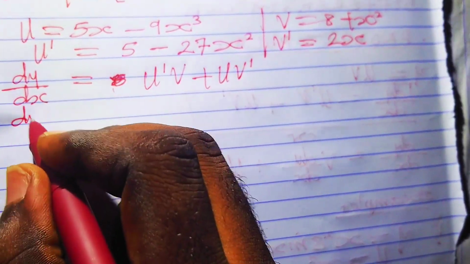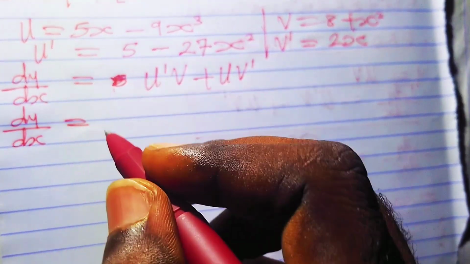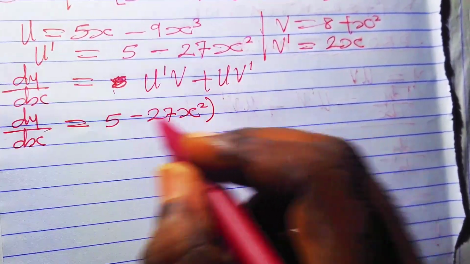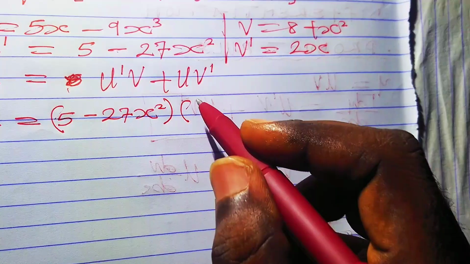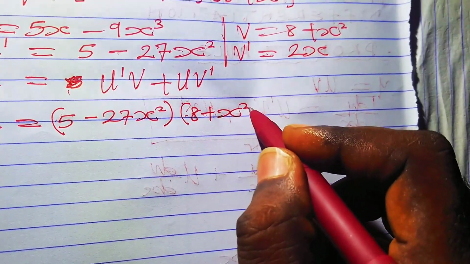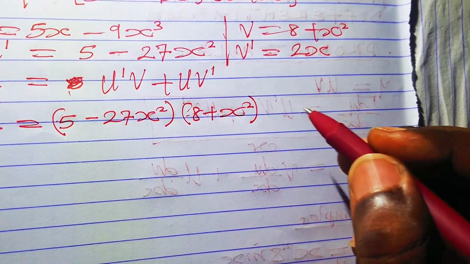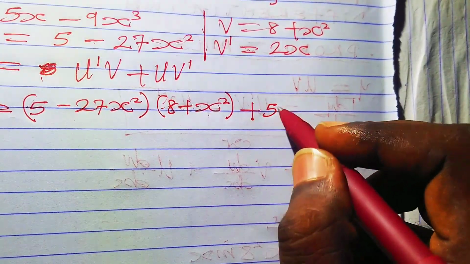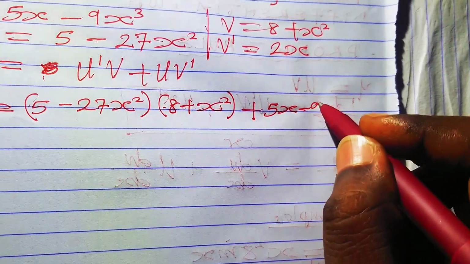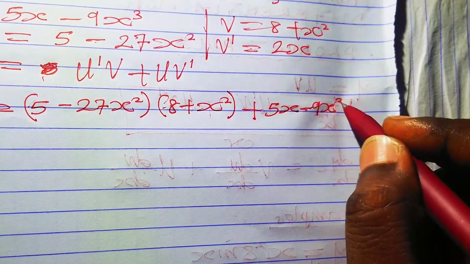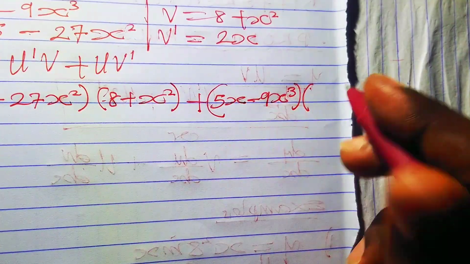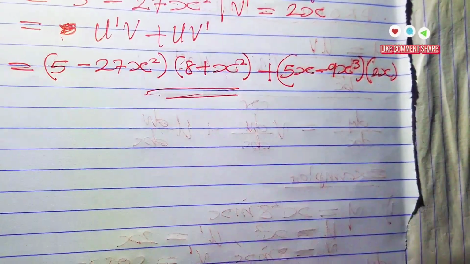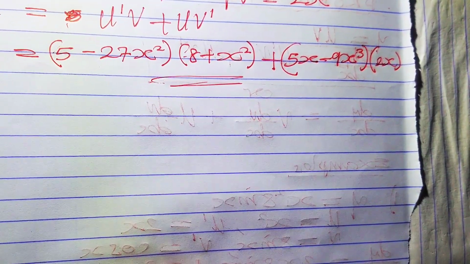In this case, dy/dx is going to be equal to 5 minus 27x squared, multiplied by v, which is 8 plus x squared, and then plus the other one, u, which is 5x minus 9x cubed, multiplied by 2x, and this will be our answer. We can just stop there and move on to the next one.